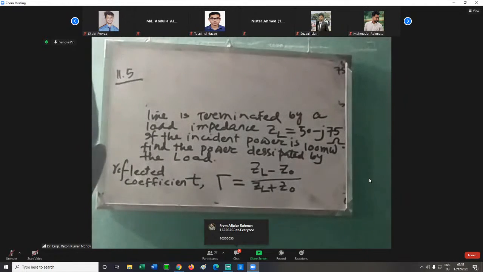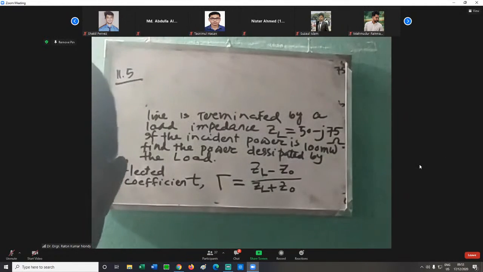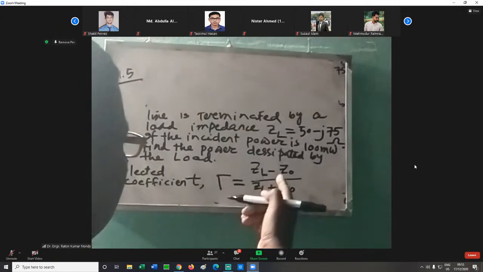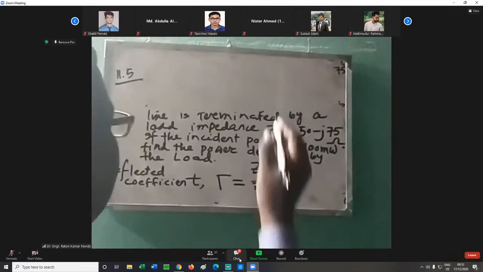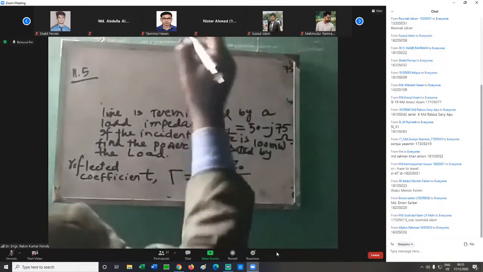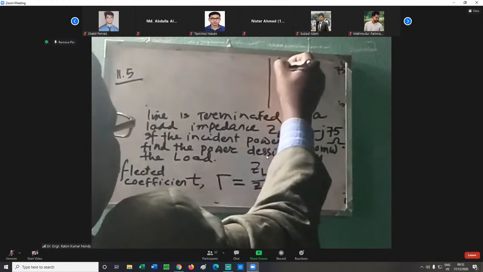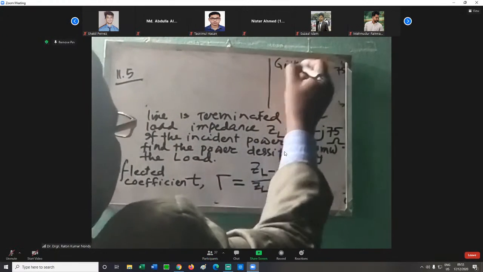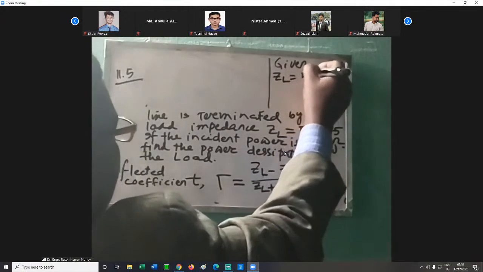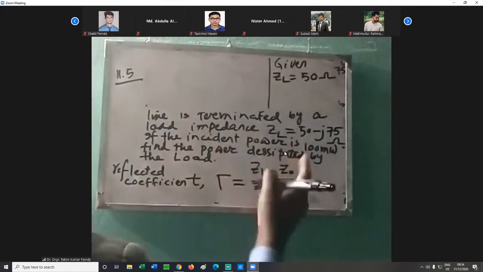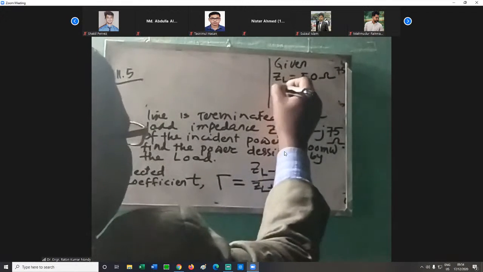The line became lossless. Now here we find ZL minus Z naught over ZL plus Z naught.